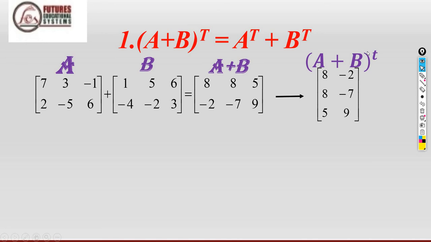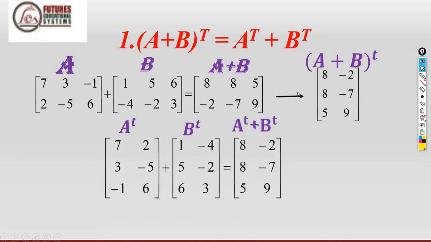If we take the transpose, convert the first row to the first column and the second row to the second column. A transpose plus B transpose, adding between them, gives me the same result. Let's check.